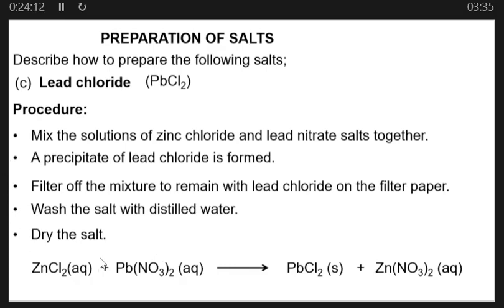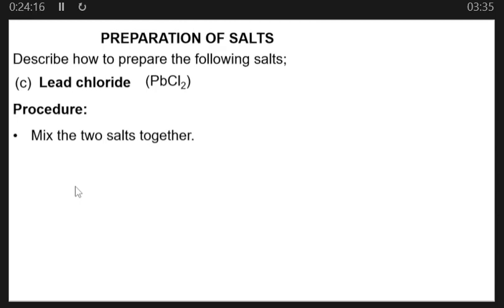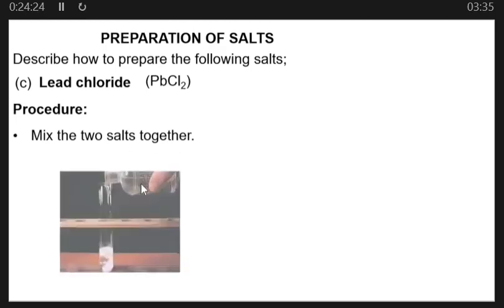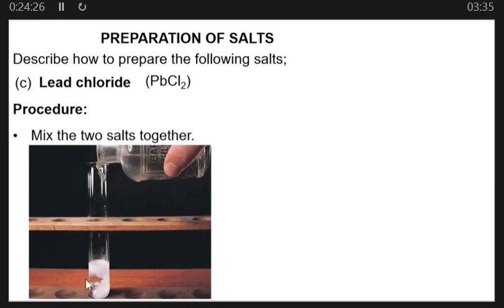Now let's see how this happens in reality. When you mix the two salts, this is what you see. For example, if there was zinc chloride here, and you add the lead nitrate here, you see a white precipitate.